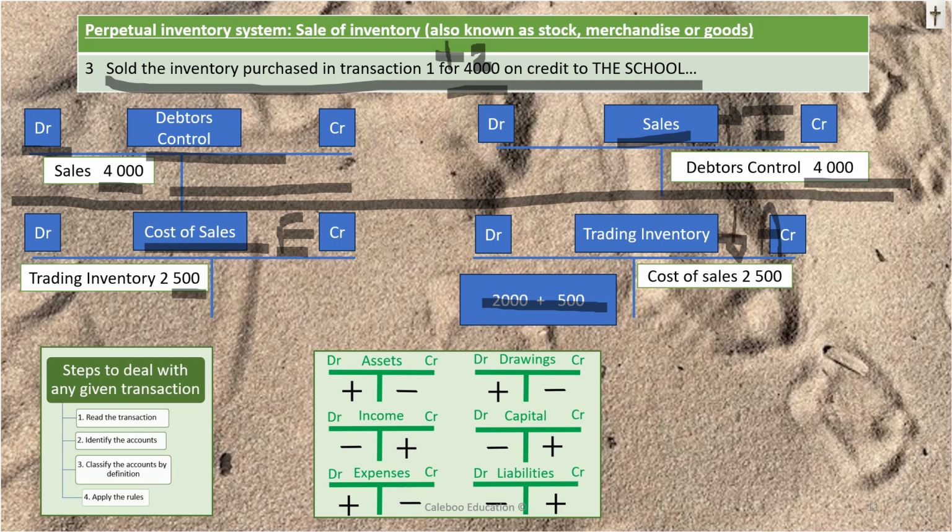And the cost price was 2,500, which consisted of the stock that was purchased earlier and the 500 that was used or paid to deliver the stock to our premises. So that's the perpetual inventory system, how to record a sale of stock.